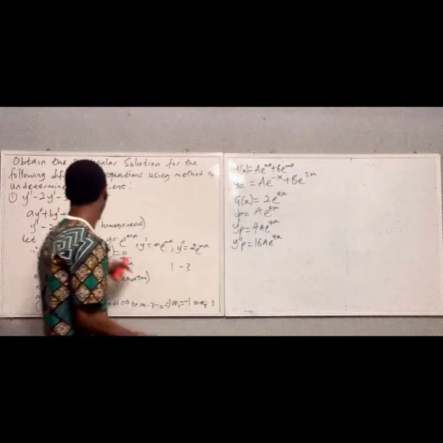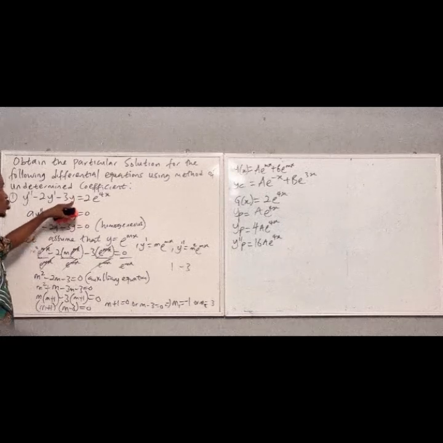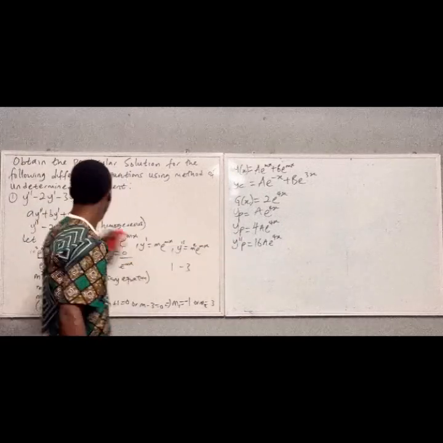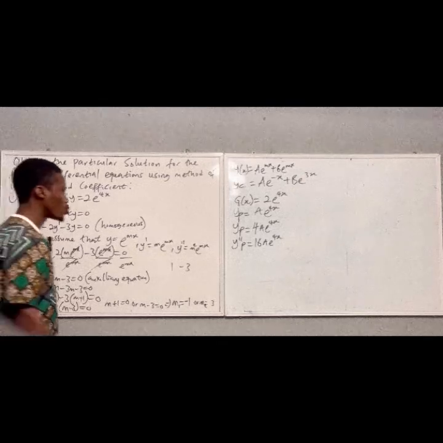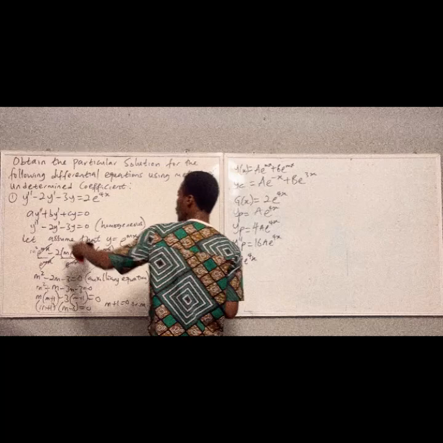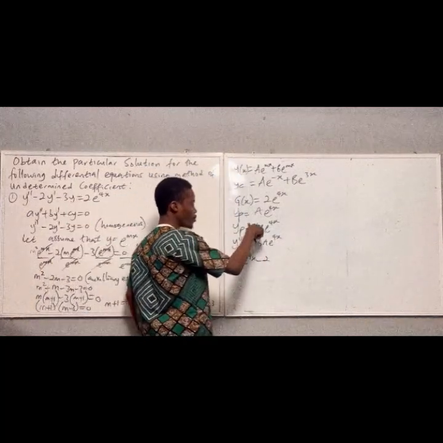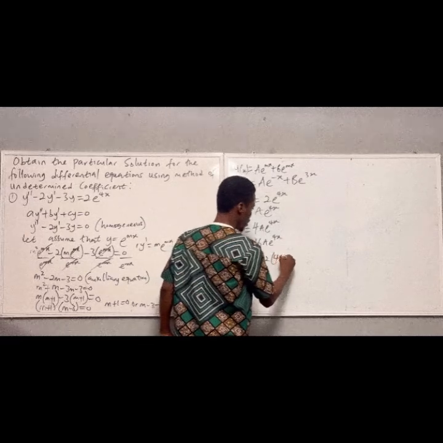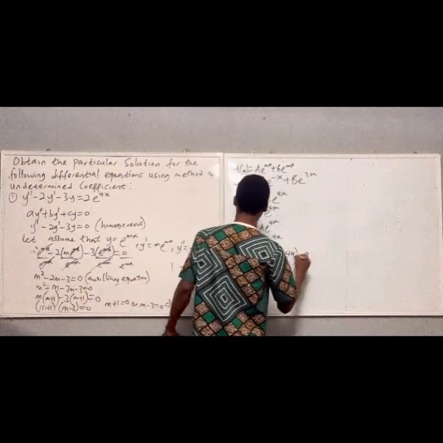It means I will now go to my equation here, that is my equation given to me. I will now substitute this into this equation. So y double prime is 16a exponential 4x minus my y prime, which is 4a exponential 4x, then minus 3 times my y.